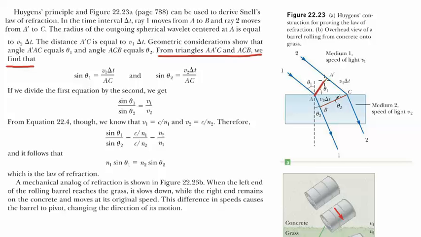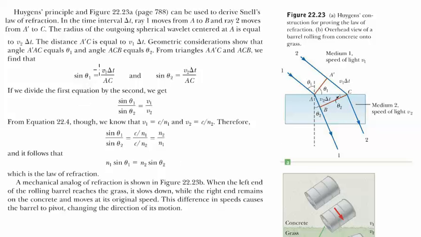From triangles A prime AC and ACB, we find that sine theta 1 is equal to the opposite, v1 t, divided by the hypotenuse AC, and sine theta 2 is equal to the opposite, v2 t, over AC.